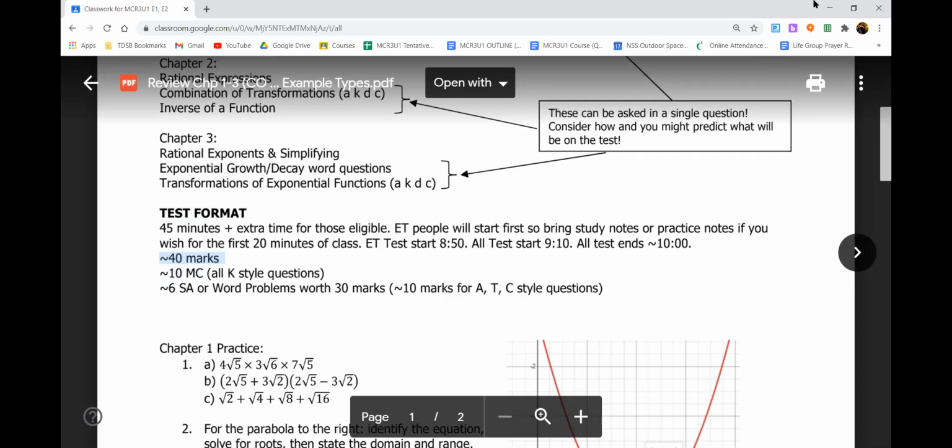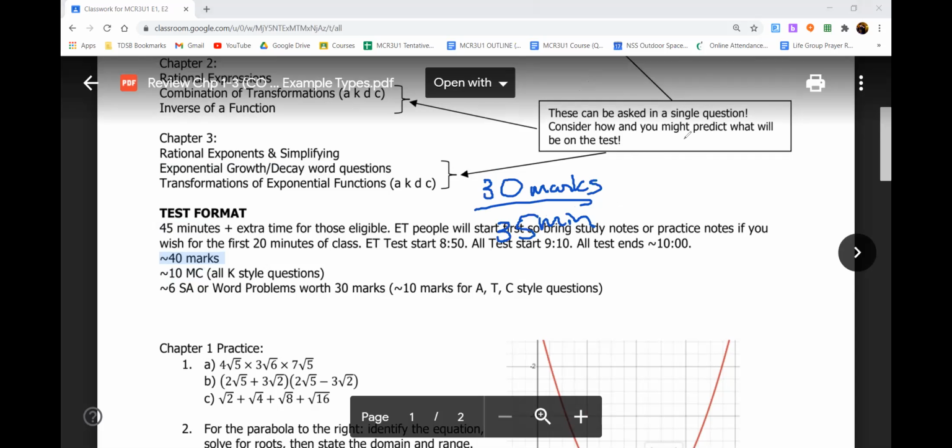Let me annotate it so you have it in front of you. So it's approximately 1 mark a minute.